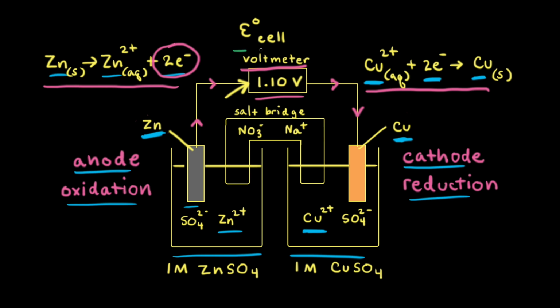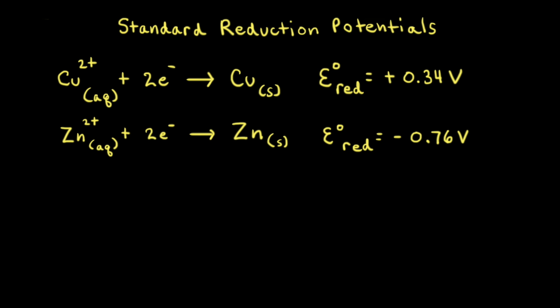And the standard cell potential depends on the potentials for the 2 half reactions that make up the cell. So if we know the potentials for the half reactions that make up the cell, we can calculate the standard potential of any galvanic cell. And let's see how we could do that for this particular cell. To calculate the standard cell potential for our zinc-copper cell, we're going to use what are called standard reduction potentials.